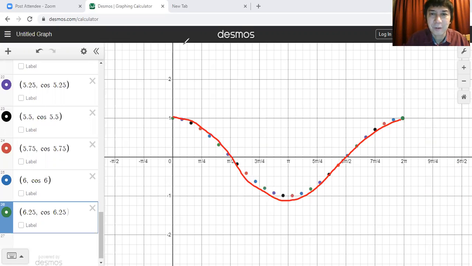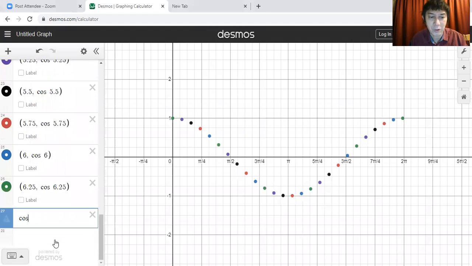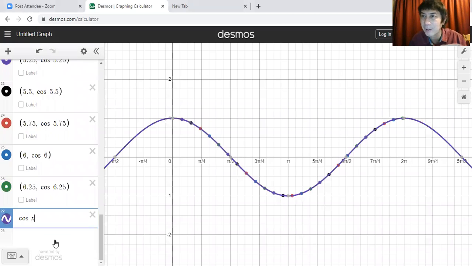If you want the graph smooth and not dots, we will have to resort to typing cosine x there, and you will have your graph smoother. This is actually the cosine graph.